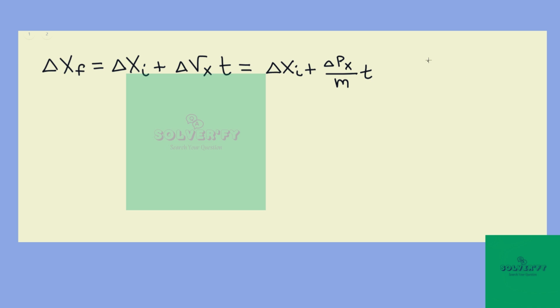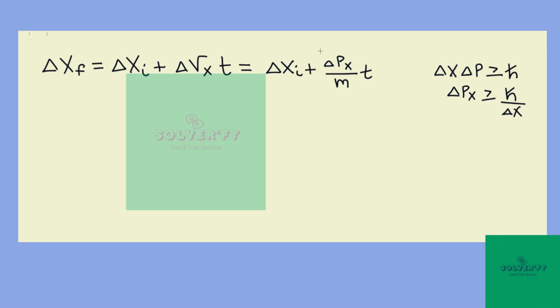Now we have a free fall time, which we are going to be plugging in eventually. Let's leave it, we don't need it yet. But what we will need is the uncertainty principle. We know that delta x times delta p, the product of the two, is h bar. So then we can find delta px as h bar over delta x.